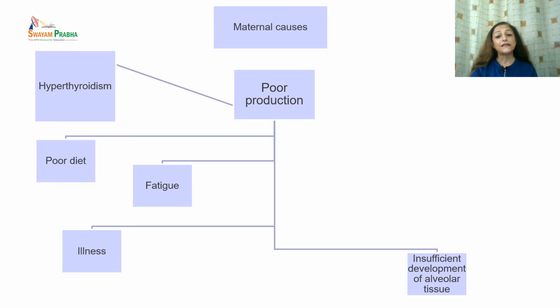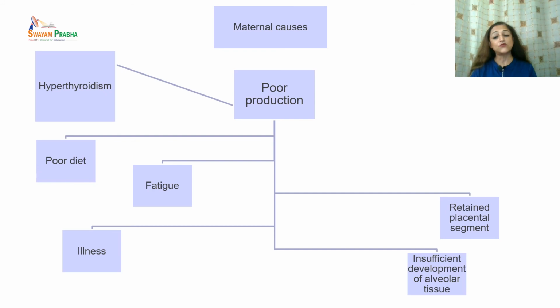The next reason could be if there is a retained placental segment. We have already understood the role of placental hormones, that is estrogen and progesterone, which were inhibiting the milk production.